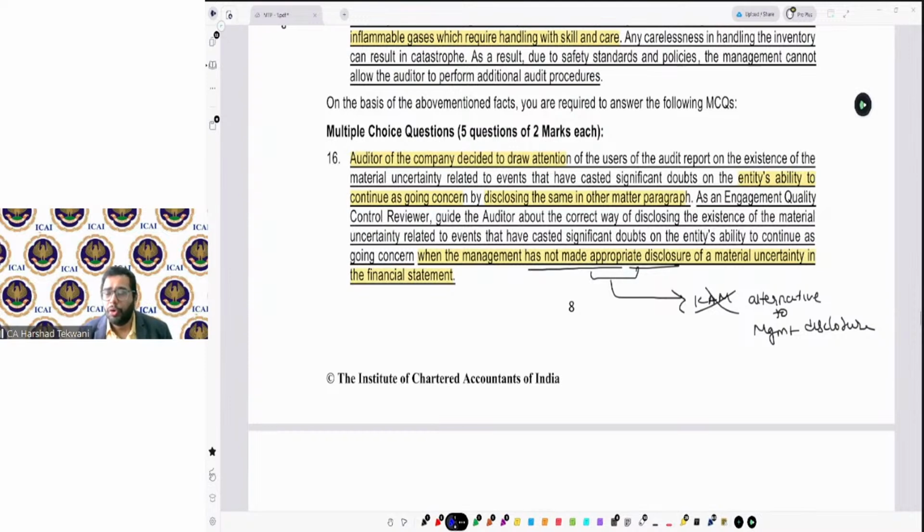I need to consider all the requirements with respect to the component auditor, and then only can I decide whether I can rely upon the work or not.